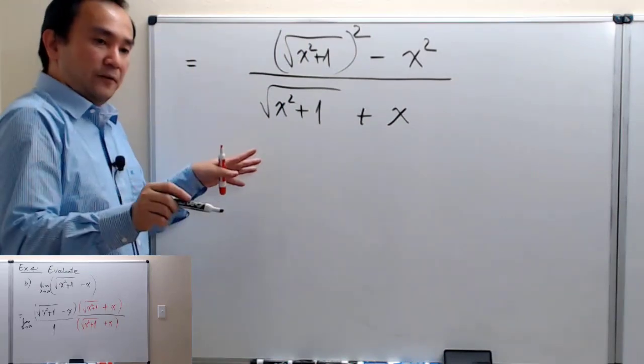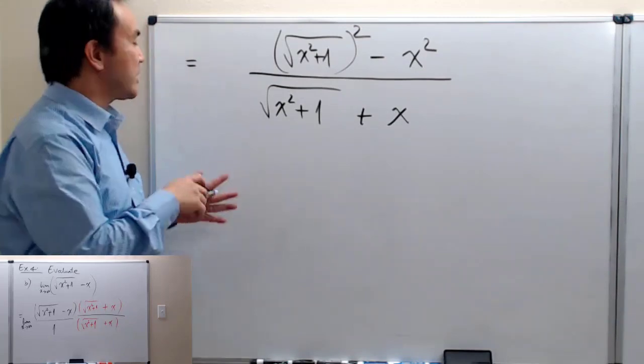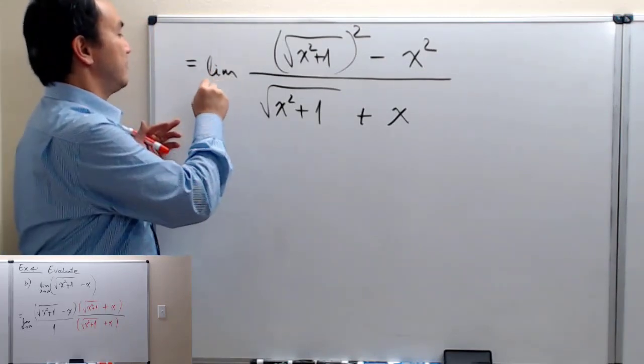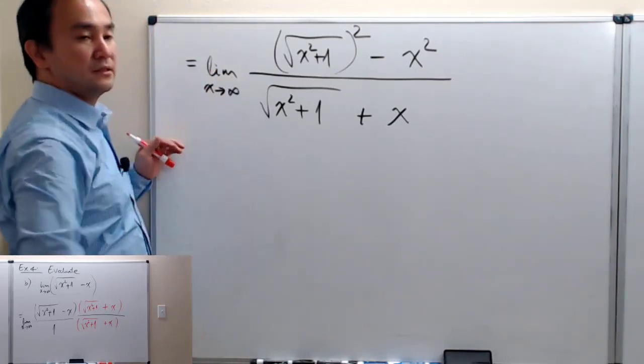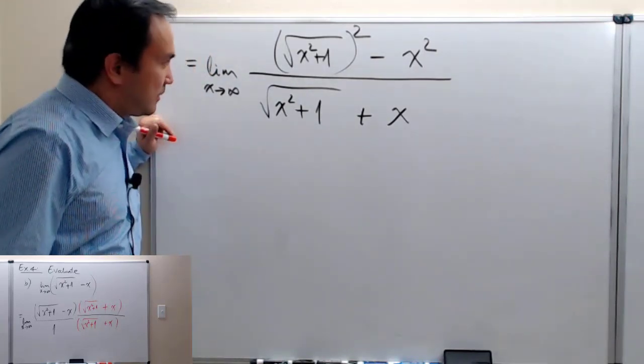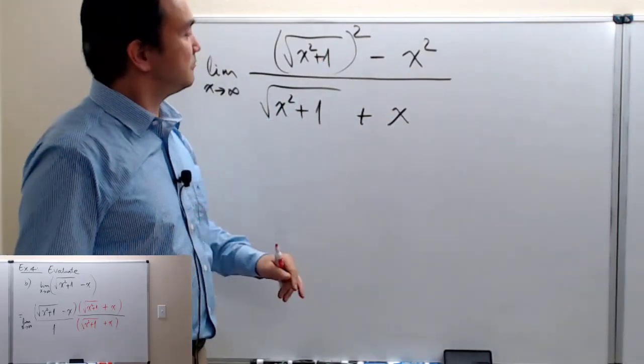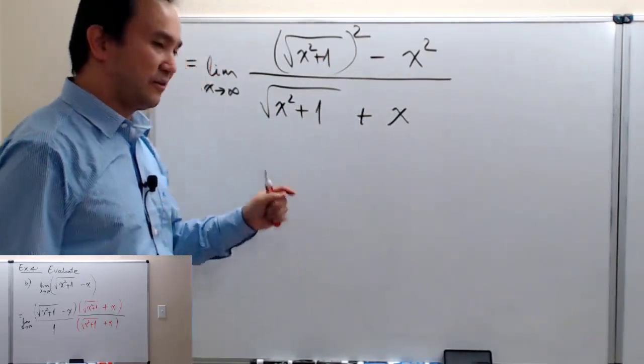Everything I've done so far is completely algebra, nothing done with the calculus. In other words, my limit symbol remains the same, hanging throughout the entire steps right there.